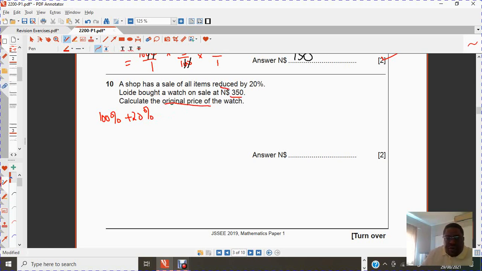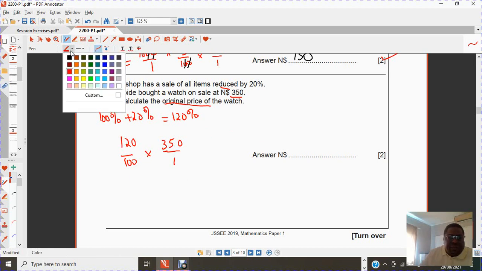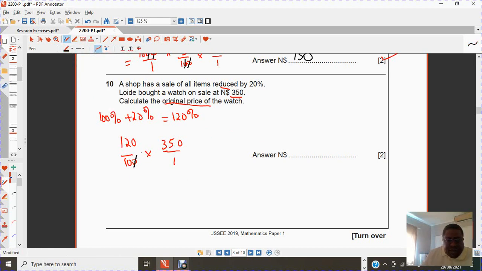This is a reduced price. So this is 120%. 120% is nothing but 120 upon 100, and if I multiply that by 350, okay, in order for me to find the original amount. So again, I can cancel here. I can cancel this one here. Okay, so what I'm left with is 35 times 12.